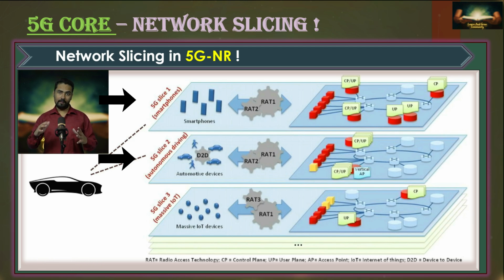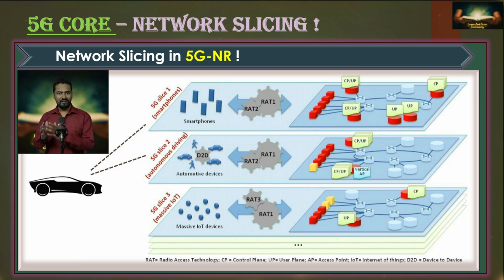Each slice here is completely isolated and traffic on one slice cannot interfere with the traffic on the other slice. Means both of our requirements will be fulfilled because the device is accessing two network slices from the network for each separate requirement.